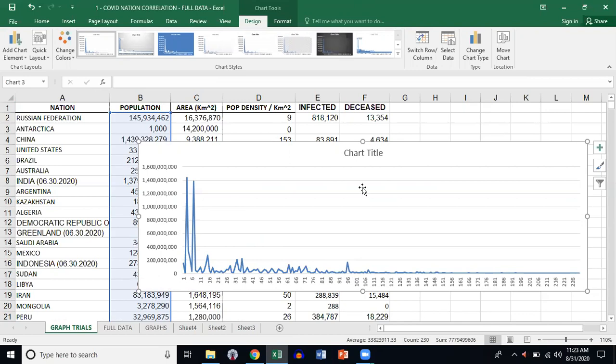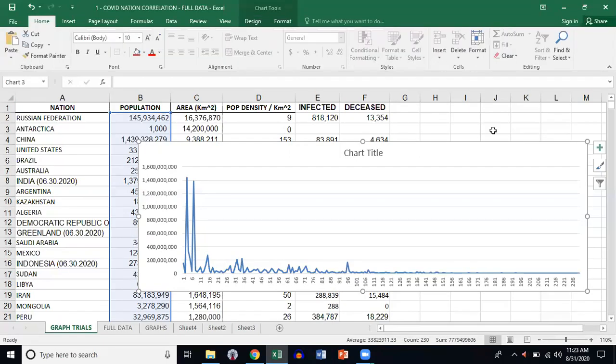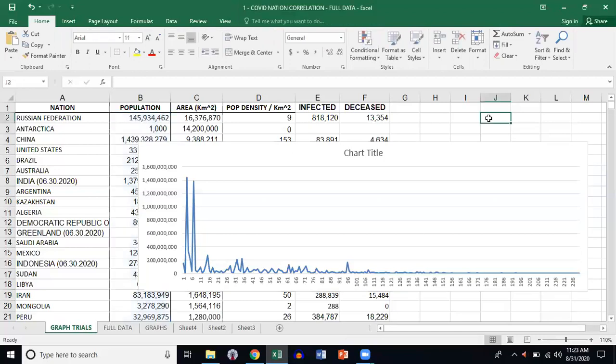Keep in mind this chart for a moment, and now let's re-rank by sorting. So I have the population column highlighted. I'm just going to go back to the Home tab, up left, Home tab, and I need to highlight here. It's grayed out, so I'm probably going to lose the sorting.